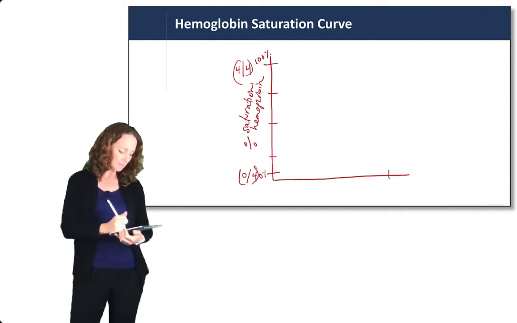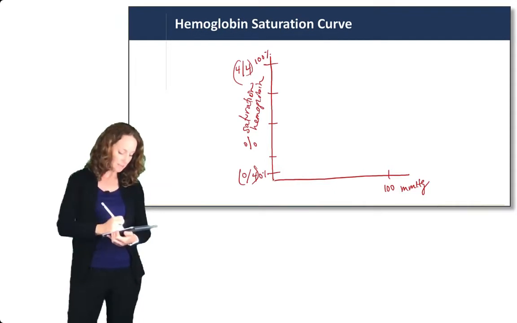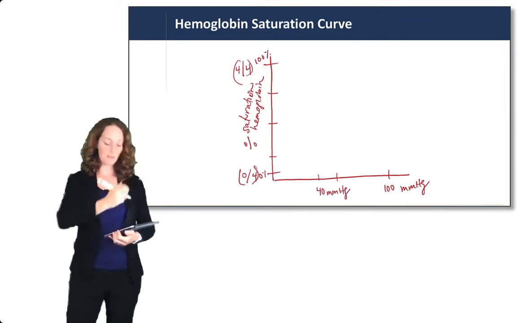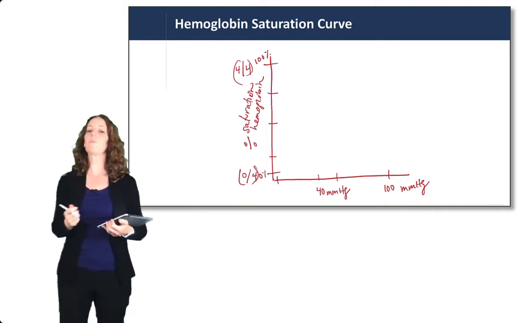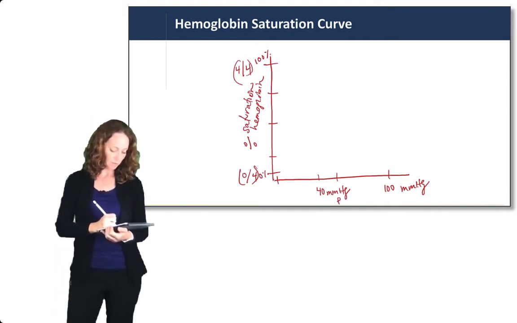So our max is going to be somewhere around 100 millimeters of mercury. 40 is approximately what we would see at the tissues. And of course, just to keep it even, we can go all the way down to 0. So on the x-axis, we have partial pressures of oxygen.